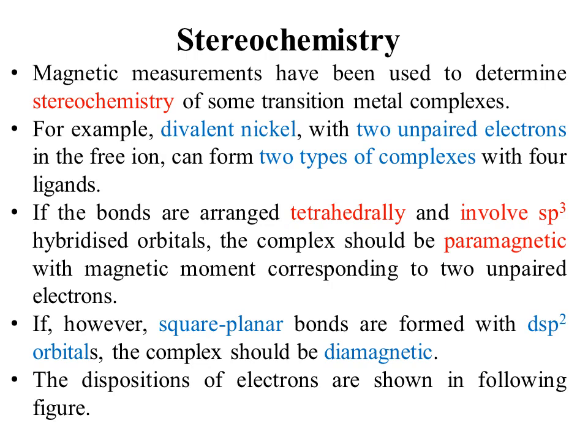In contrast, if a square planar arrangement of bonds is present around the central metal atom, then the mode of hybridization would be dsp2 instead of sp3 hybridization, and the complex would be diamagnetic. From our previous knowledge, we know that when there are four regions of electron density around a central metal atom, then there are two possible arrangements of electron density around the central metal atom.